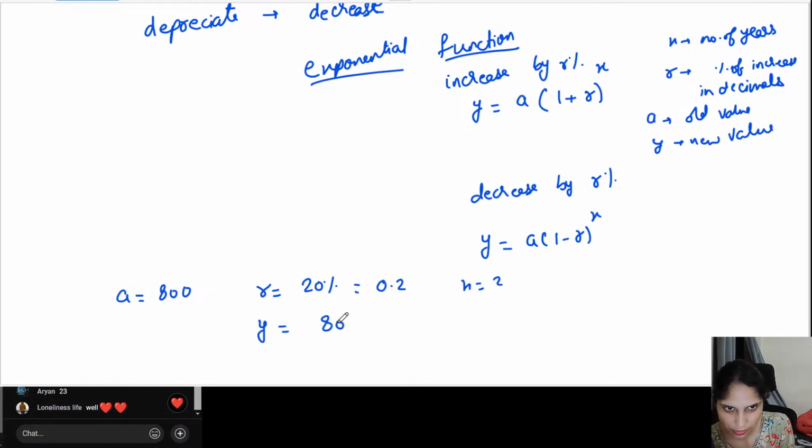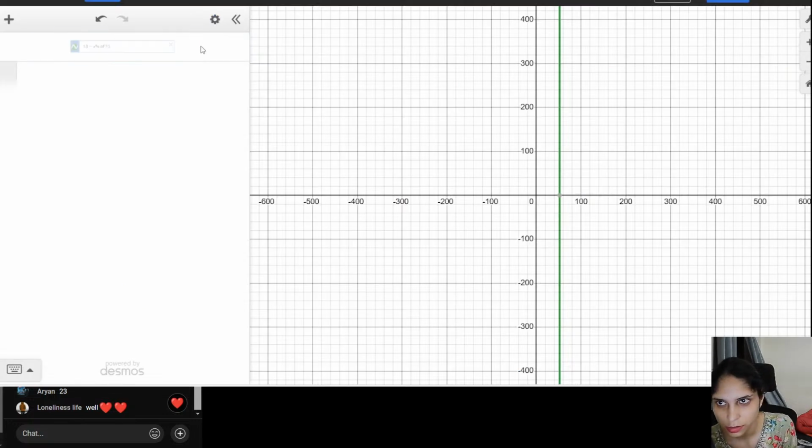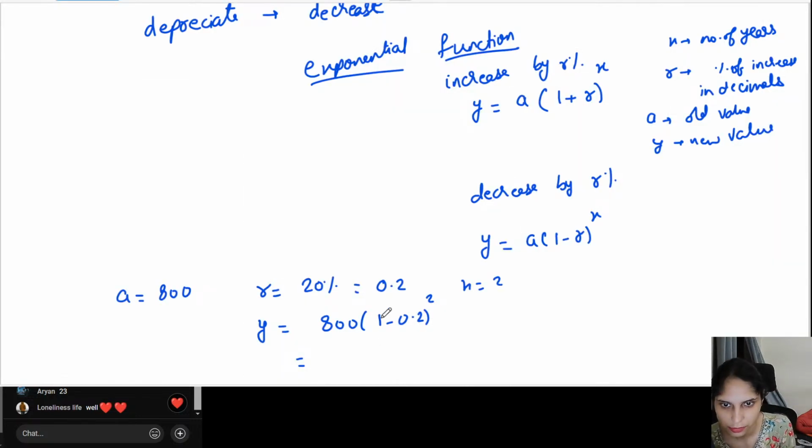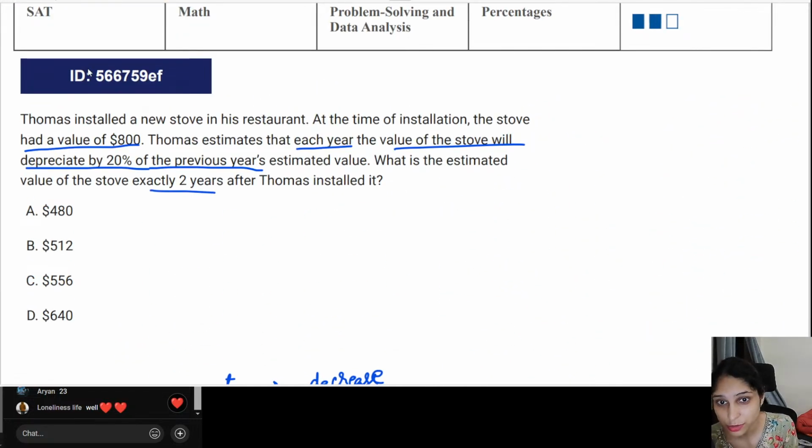So y is going to be 800 times 1 minus 0.2 squared. For this you will get your answer. 800 times 1 minus 0.2 is actually 0.8. So you can also write 0.8 squared. 512. Because it is decreasing, after 2 years, it is going to be 512.